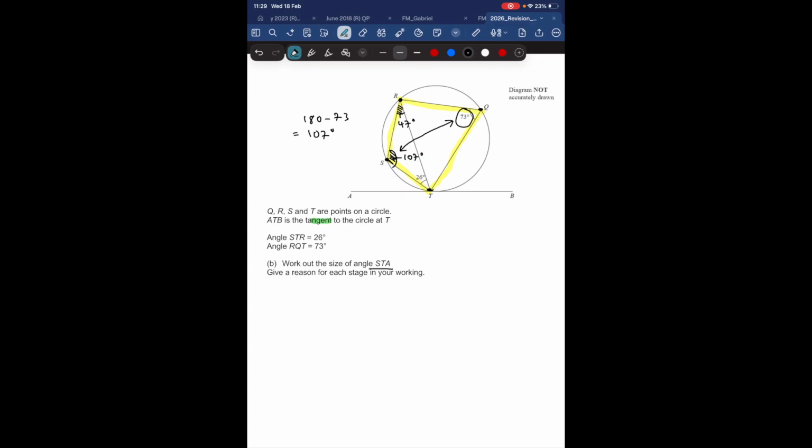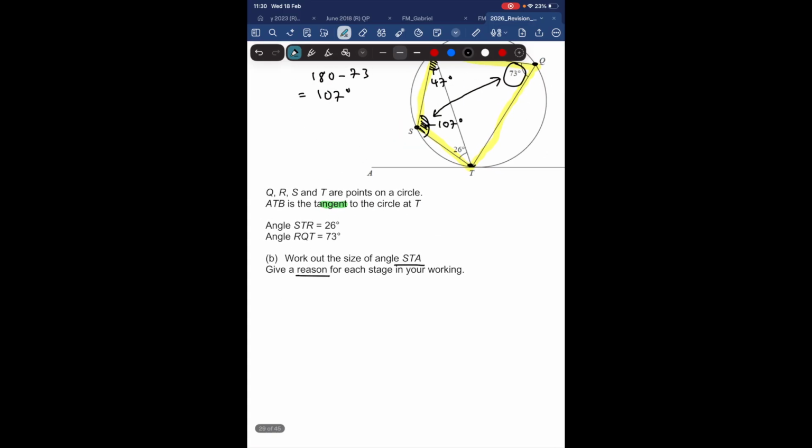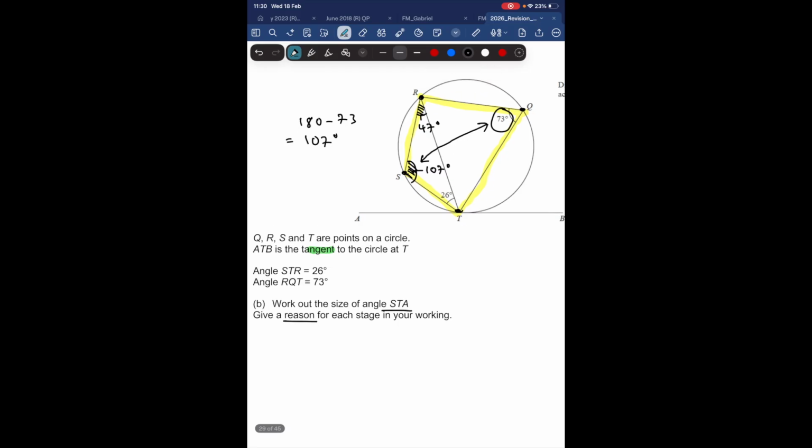Now, we need to put reasons for our answers. For the way that we got the 107 degrees here, we can just write opposite angles in a cyclic quadrilateral, or cyclic quad, add together to give you 180 degrees.